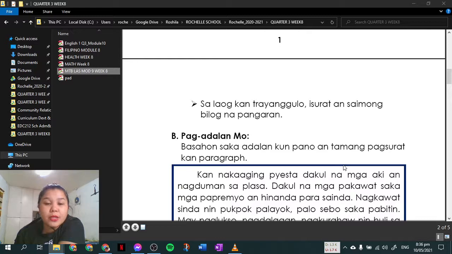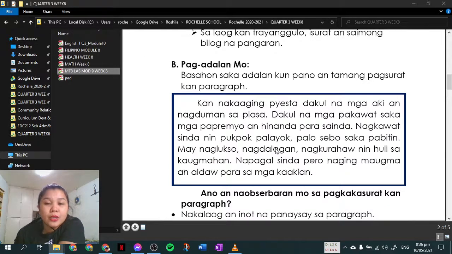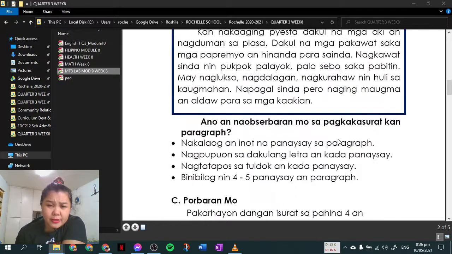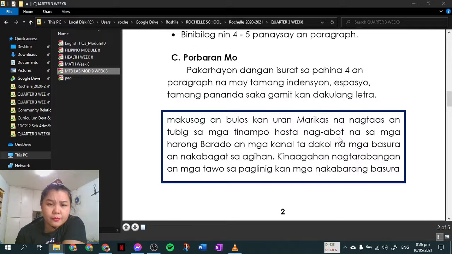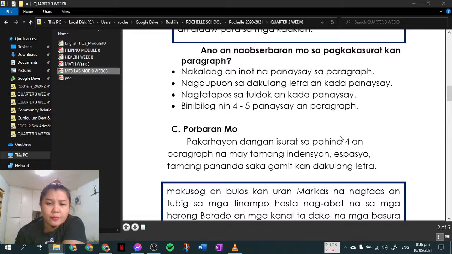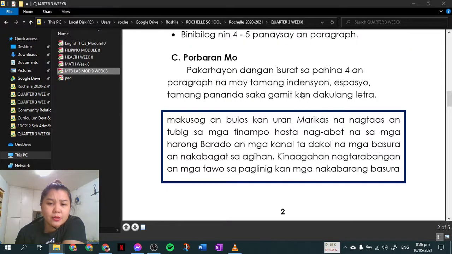So, these same parts, may text, story, tapos pakarahyon dangan isurat sa pahina 4. So may provided ng space where you have to write this into a paragraph, na may tamang indensyon, espasyo, tamang panada. So take note, proper writing.